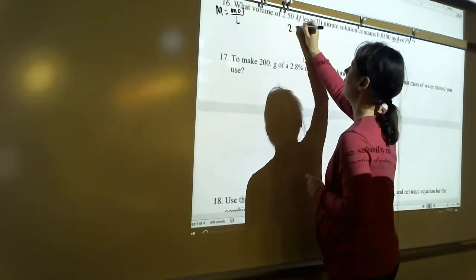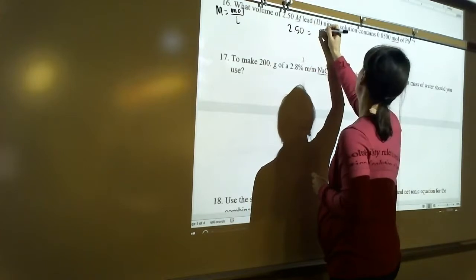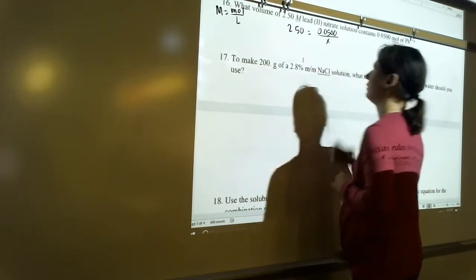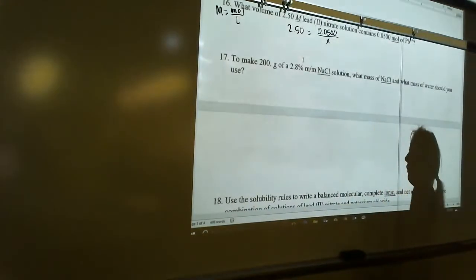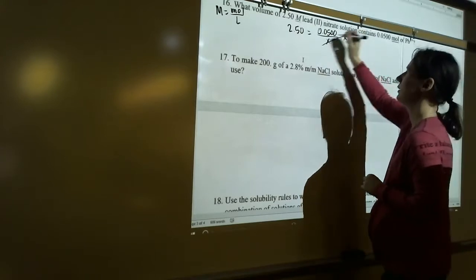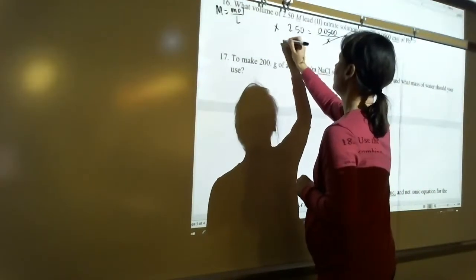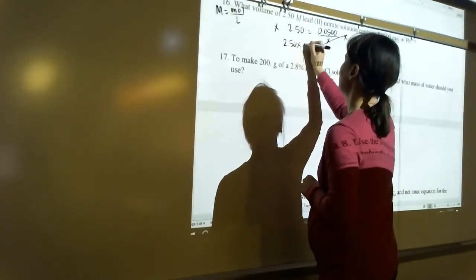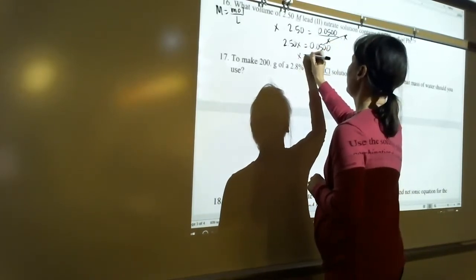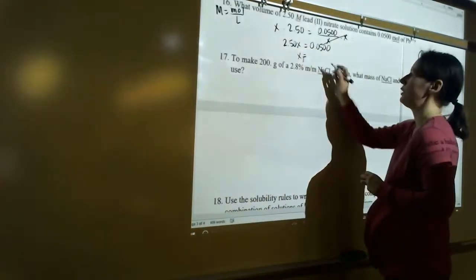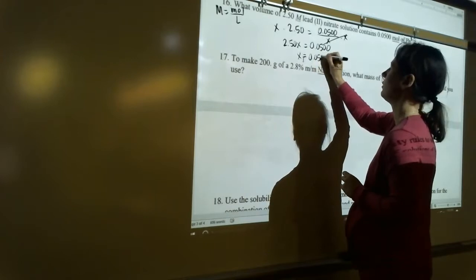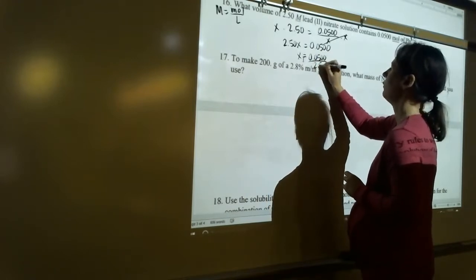So 2.50 is equal to 0.0500 over x, right? Solving for the denominator. So multiply both sides by x. So 2.50x is equal to 0.0500. So x, divide both sides by 2.5. x is 0.0500 over 2.50.